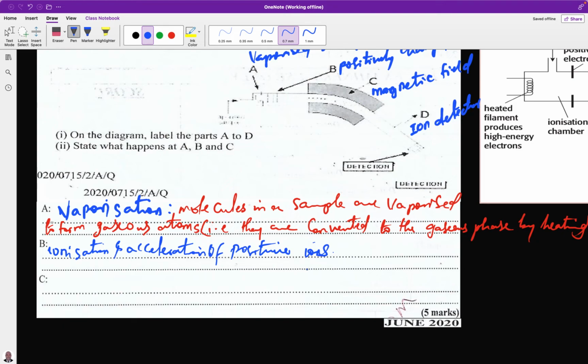Now the C part of it has to do with the magnetic field. And in the C part, what is happening there? There is deflection occurring here. So we say deflection of ions.